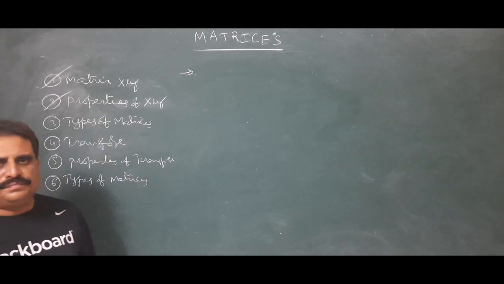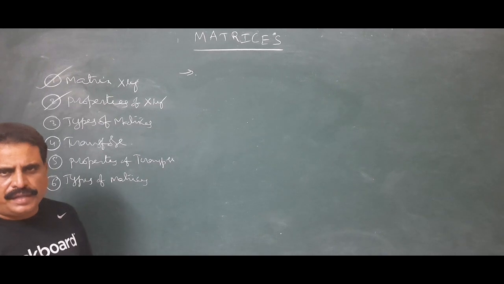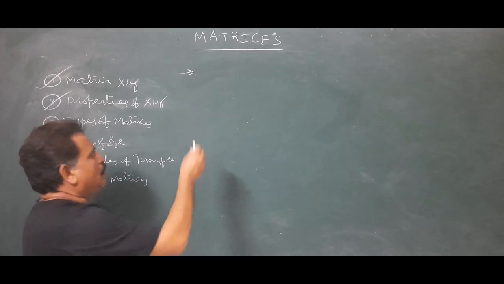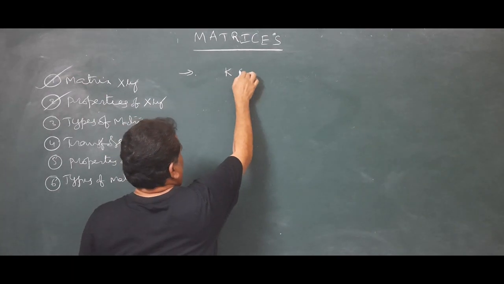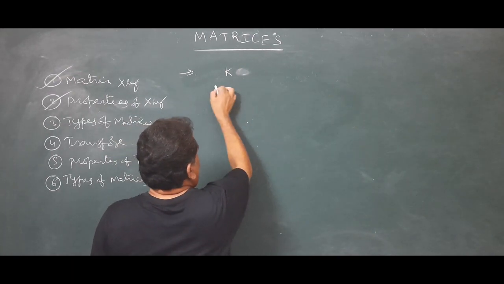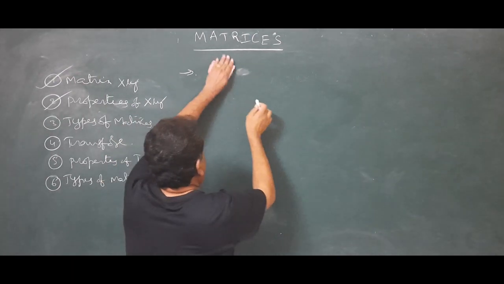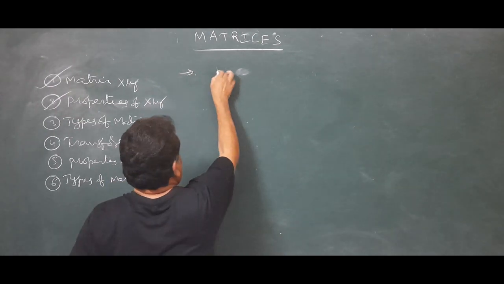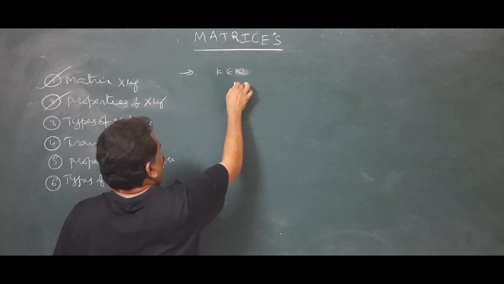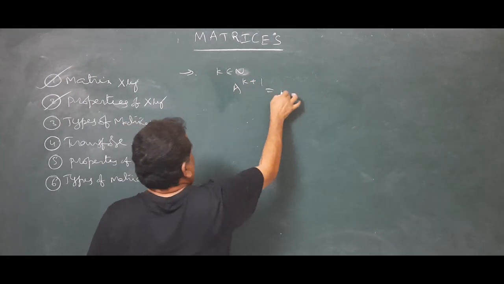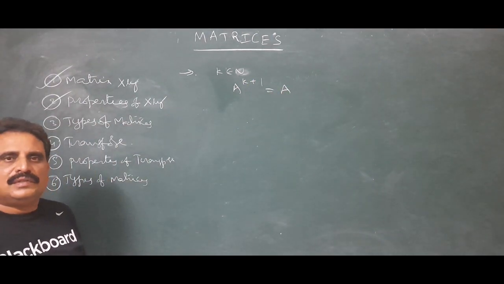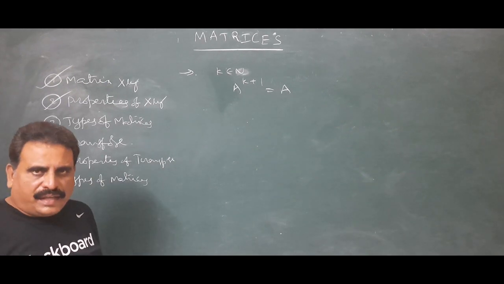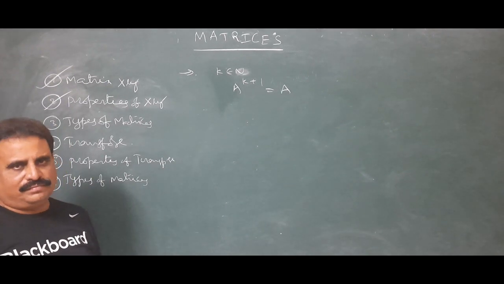Periodic matrix. Let A be a square matrix. If there exists a least positive integer k such that A power k plus 1 equals A, then A is said to be a periodic matrix with period k.